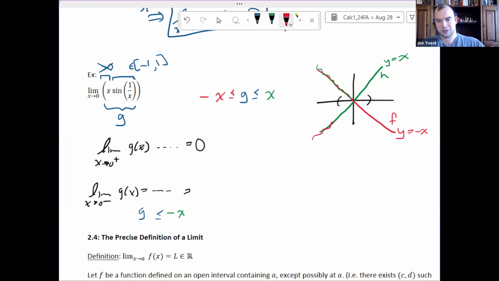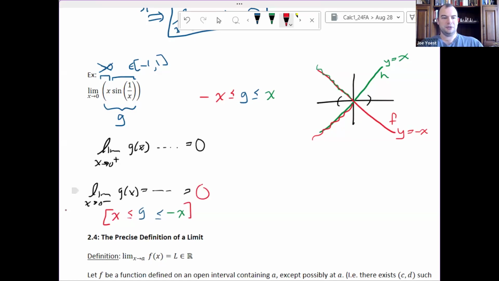And positive x, I'm kind of drawing over it in a squiggly line so you can kind of see, positive x will be my bottom function. So I can make this swap and then proceed essentially along the same lines of argument, just taking the function h of x equals -x to be the upper function and f of x equals x to be the bottom function. And I would get 0 here.